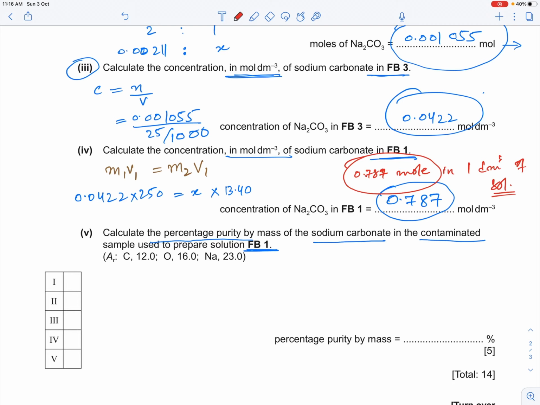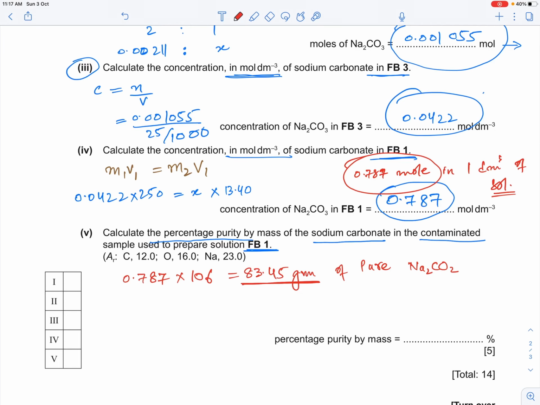The molar mass of sodium carbonate is 106, so 0.787 multiplied by 106, and that would be 83.45. So we have 83.45 grams of pure sodium carbonate. To make this solution, we need only 83.45 grams of pure sodium carbonate.